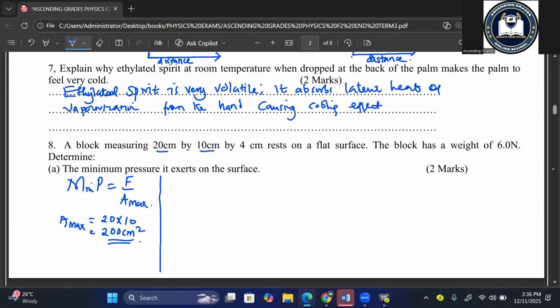Now we have those people who cannot see clearly from the question, so let me just draw. So 20, 10, we have 4, like that.